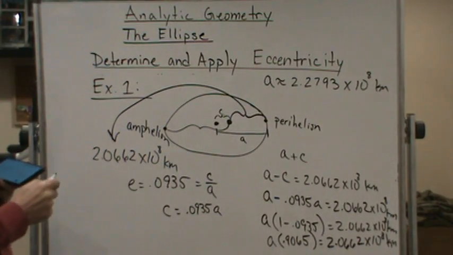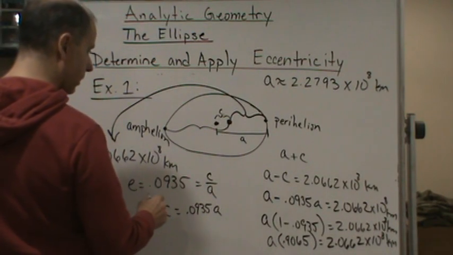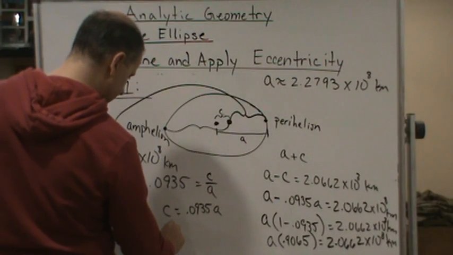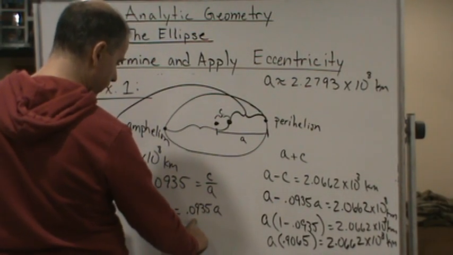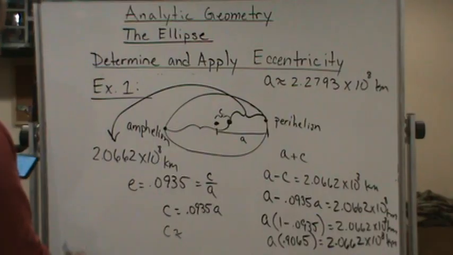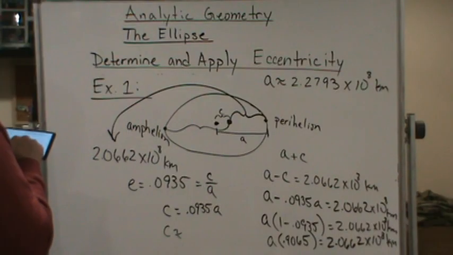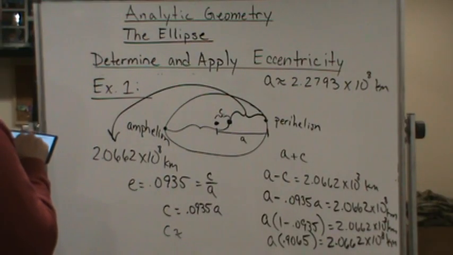Okay, so now we got A. So that means I can get C, because C is going to be 0.0935 times A. So now I'm going to take my answer and multiply by 0.0935.